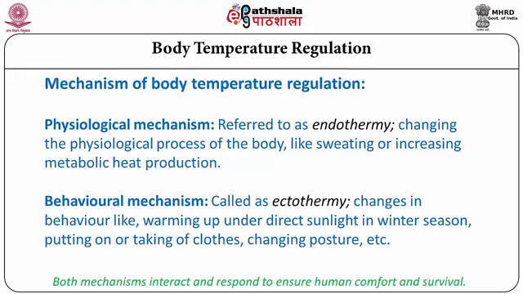The second mechanism is behavioral. We call the behavioral mechanism ectothermy. That means we can change the behavior of the person. We must have noticed that we can warm up our body by exposing ourselves to direct sunlight in the winter season, or by putting on or taking off clothes in order to adjust.